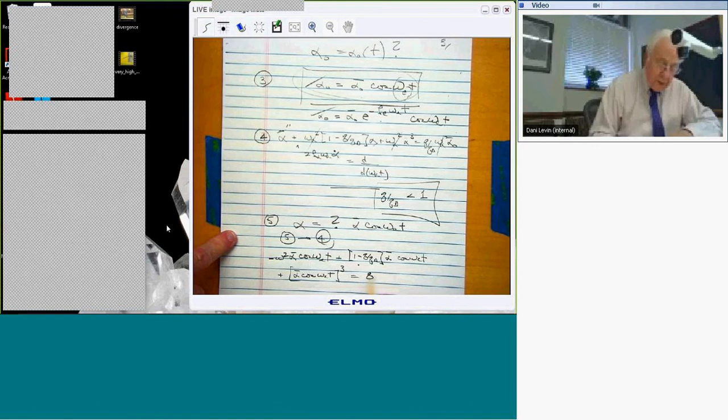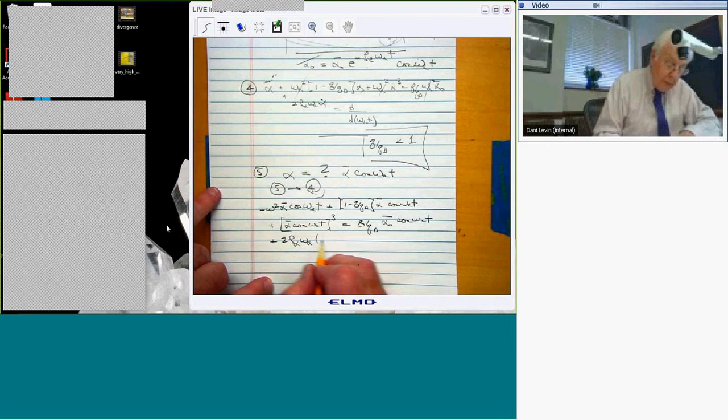I know I left out the damping term. I'll put it back in. I knew you were going to tell me that. Alpha naught cosine omega_E t. And then the damping term is going to be plus 2 zeta alpha dot. If I differentiate the cosine, I get, thank you, minus omega_E alpha bar sine omega_E t.